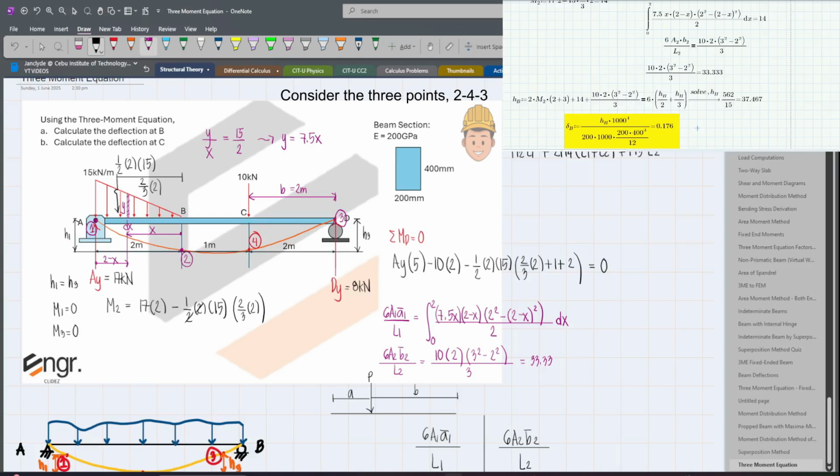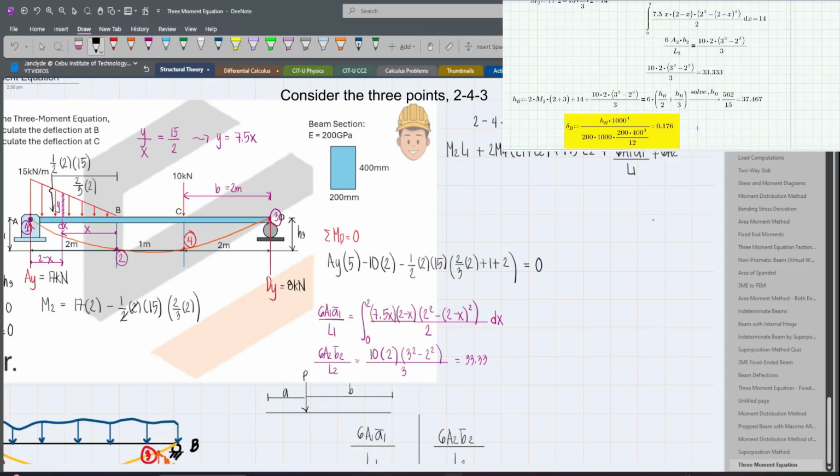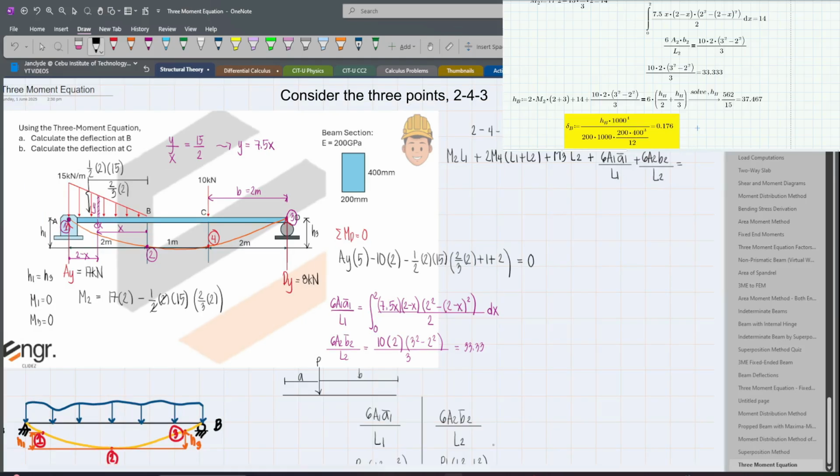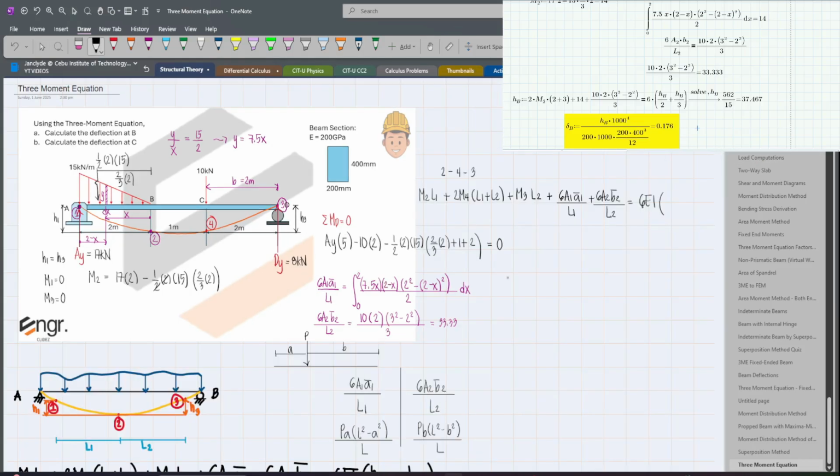So M3 L2, then plus 6A1 barred A1 over L1, then plus 6A2 barred B2 divided by L2, then equals, teka lang, move ko lang, 6EI, then H1 over L1 plus H3 over L2.